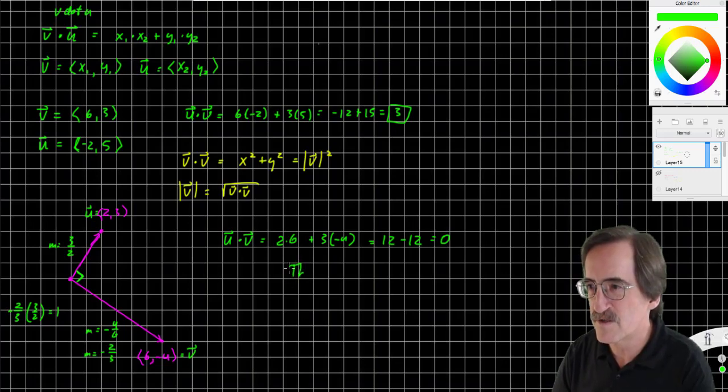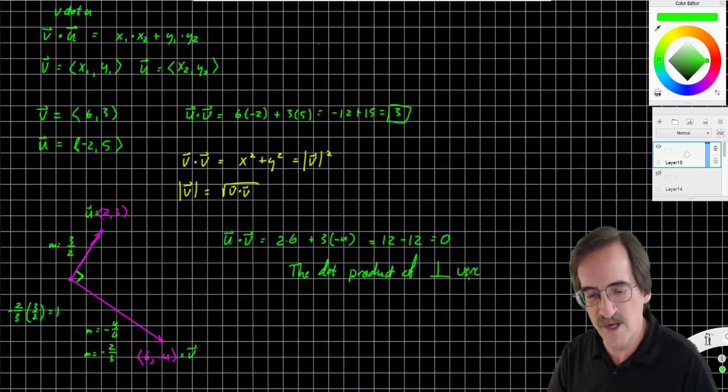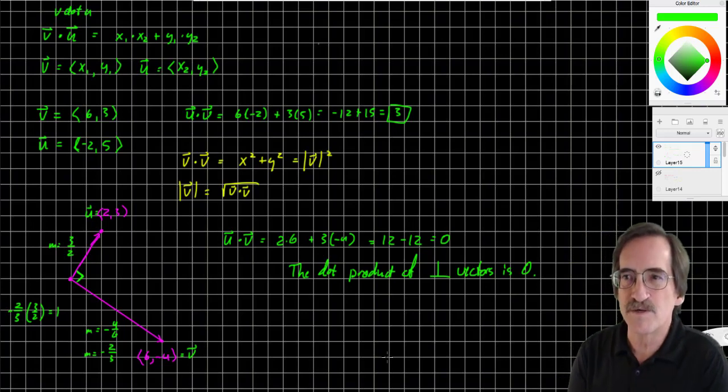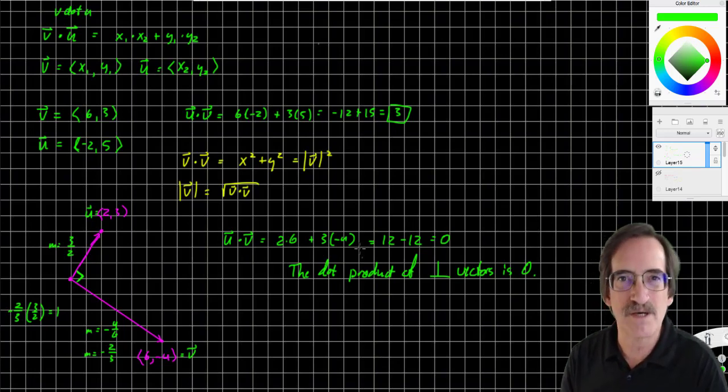The dot product of perpendicular vectors, vectors that make right angles, is 0. And it always works that way, right? So those are some interesting results. But dot product, you multiply the x's, multiply the y's, and add. It's really quite a simple concept. Just don't get it mixed up with other things.